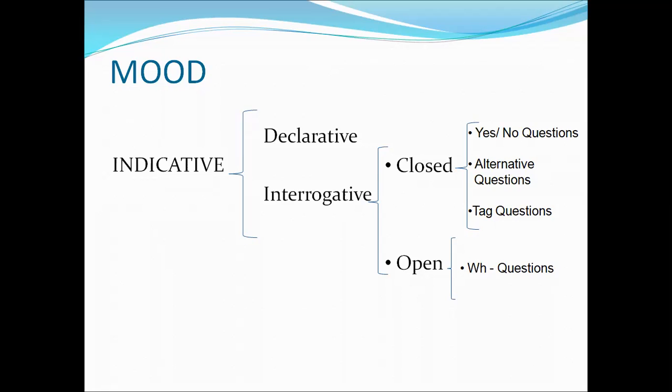Open type is also known as information question, and closed type is also known as confirmative. Informative versus confirmative. That is for confirmation, right? You are a girl, you are a boy, you are a student, you are a teacher, right? Even a statement can be questioned in this case. You can start from the subject and put a question in communication.